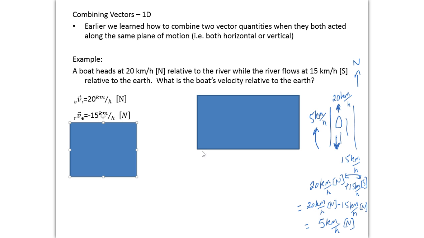You can see that over here where I changed that. So that's where the negative 15 came from. And what we have to find is the velocity of the boat with respect to the Earth.